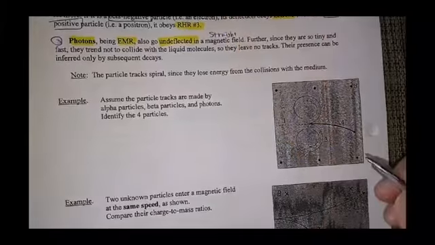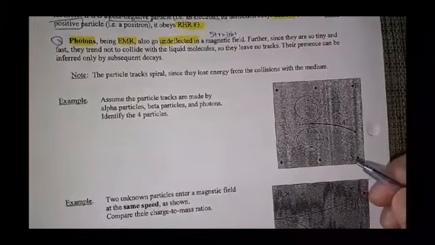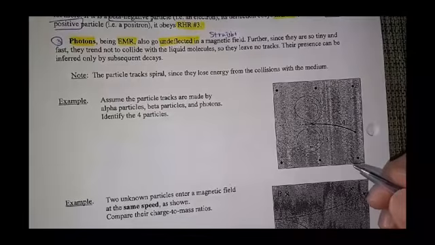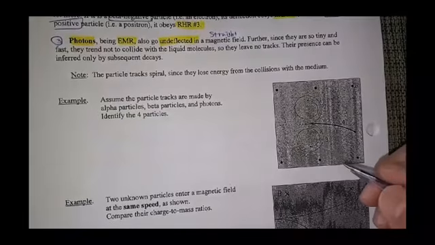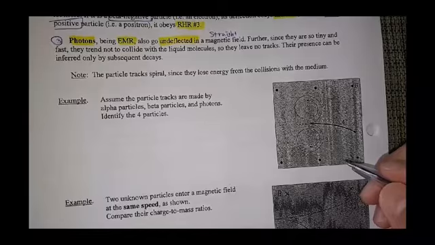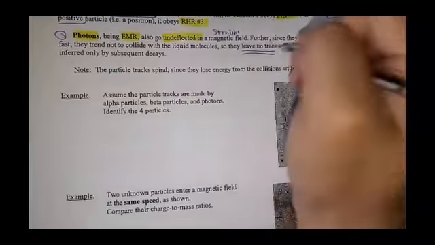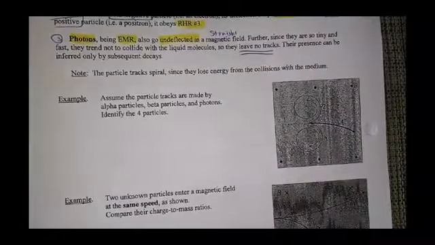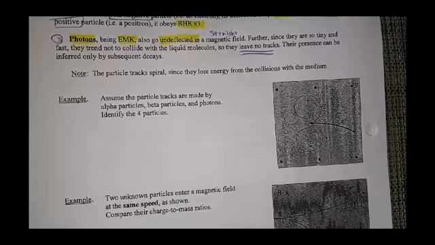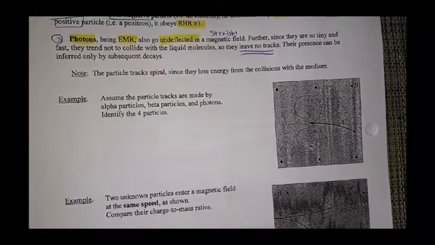And in the particle track chamber, which is a bunch of bubbles, if you will, they're so tiny and fast that they tend not to collide with any liquid molecule inside the chamber. So most commonly, you may see no track at all. Their presence can be inferred only by a sequence of decay or any type of detector on the other side.